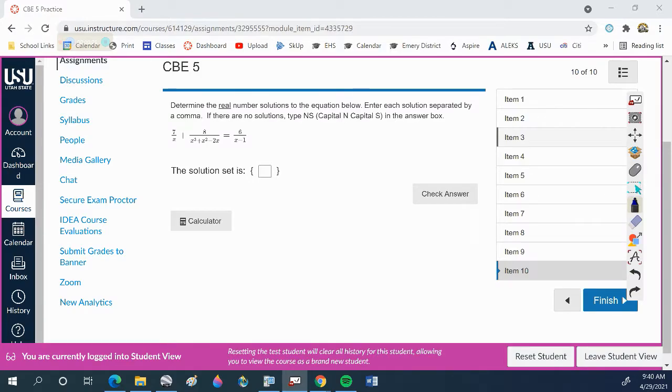So, here we're going to need a common denominator. So, this one factors into x times x squared plus x minus 2. Does that factor any further?